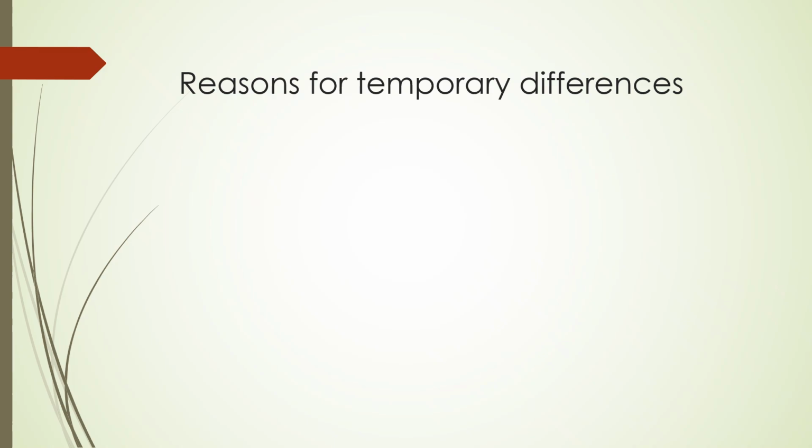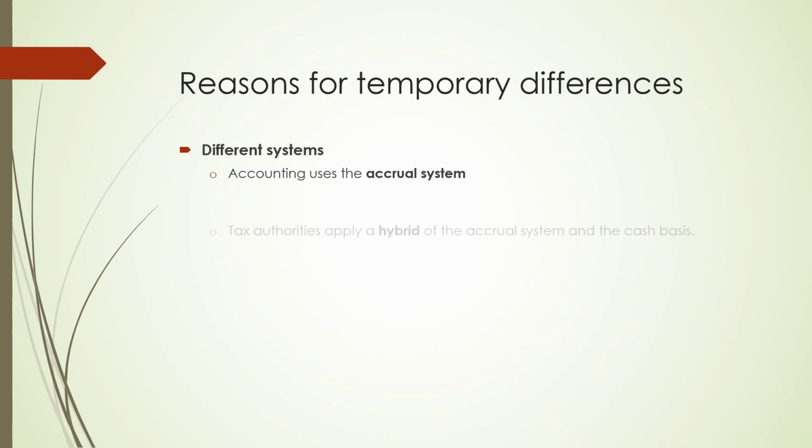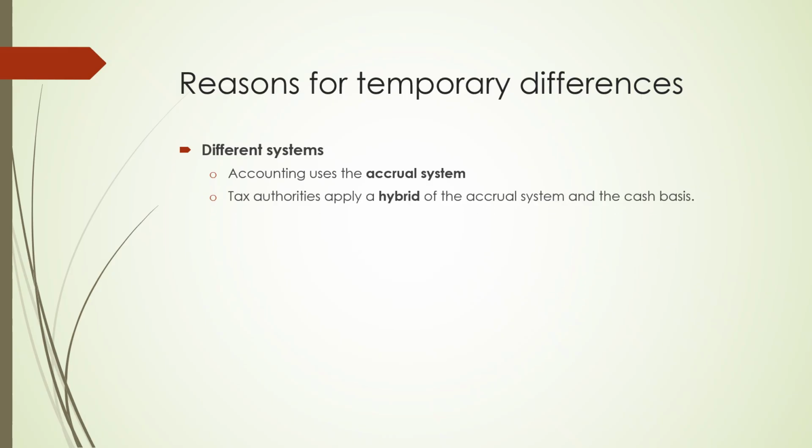Reasons for temporary differences. 1. Different systems. The accounting system uses the accrual system, while tax authorities apply a hybrid of the accrual system and the cash basis.